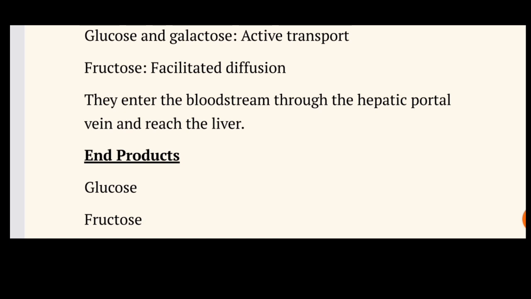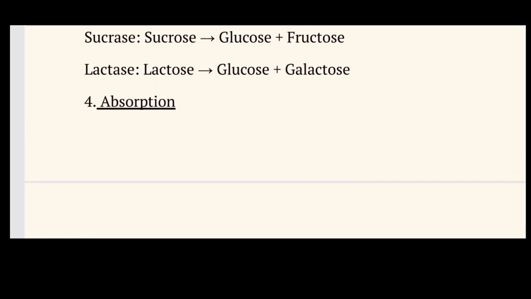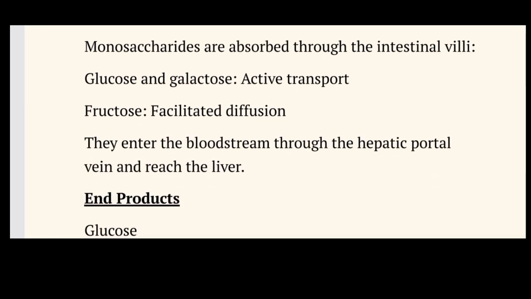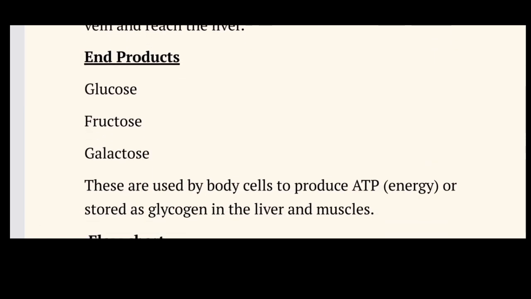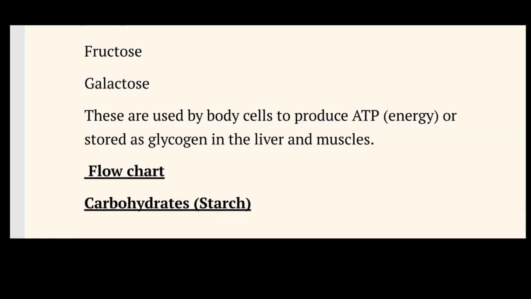Then they enter the bloodstream through the hepatic portal vein and reach the liver. This is the absorption of carbohydrates. Then the end products of carbohydrate digestion are glucose, fructose, and galactose. These are used by the cells to produce ATP or stored as glycogen in the liver and muscles.